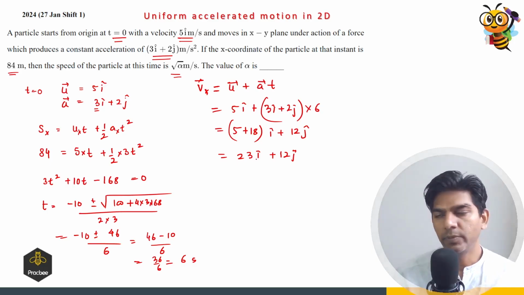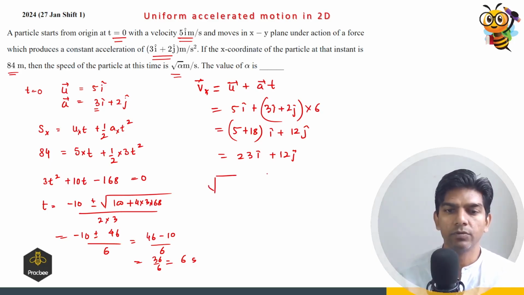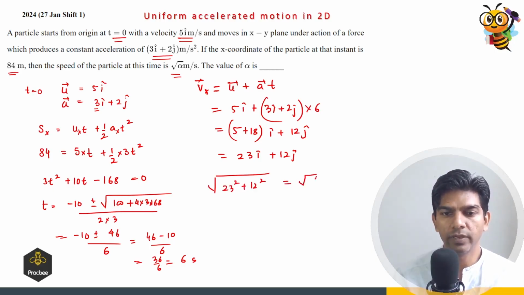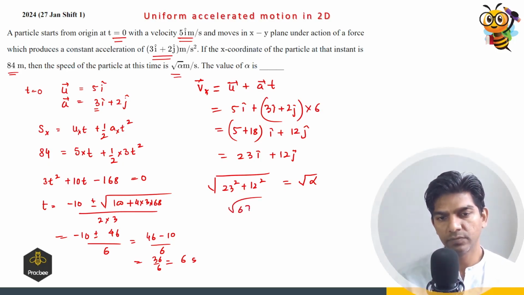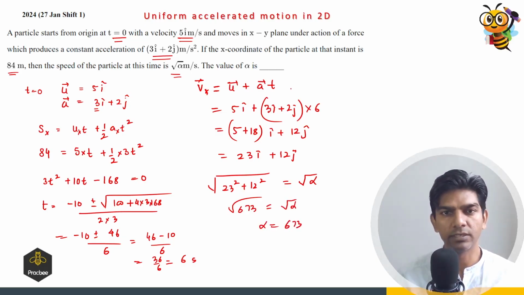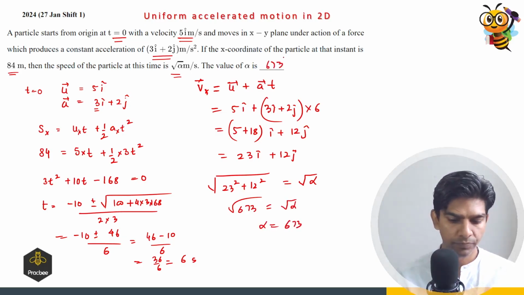So the speed will be the magnitude of this vector. So that will be root of 23 square plus 12 square, and that is given as root of alpha. So 23 square plus 12 square gives us 673. So root of 673 is equal to root alpha. So alpha is 673. So that is the answer.